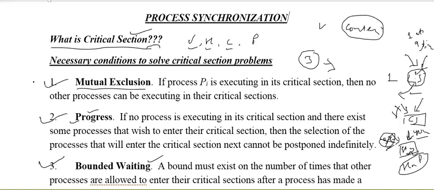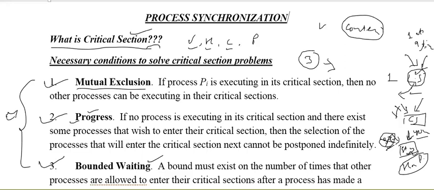So if all three conditions hold simultaneously in any specific system, then we will say that the system is free from the critical section problem, meaning the system will not have any kind of problem related to resource sharing.